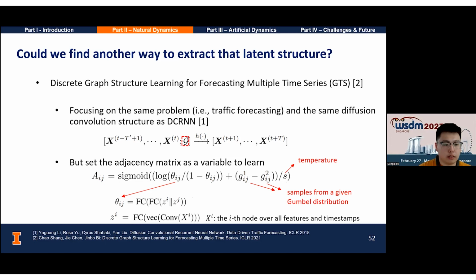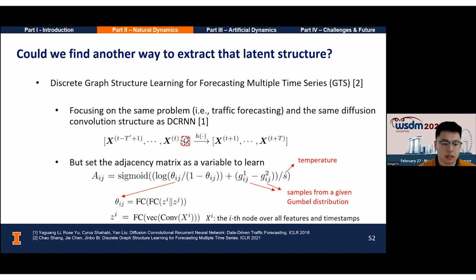So how do we learn the adjacency matrix along with the forecasting process? Here, the authors model the adjacency matrix as parameters to learn. In this equation, A_ij means the adjacency between node i and node j, and it is decided mainly by theta_ij.